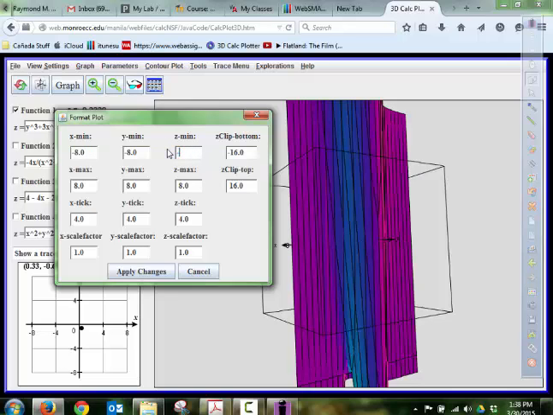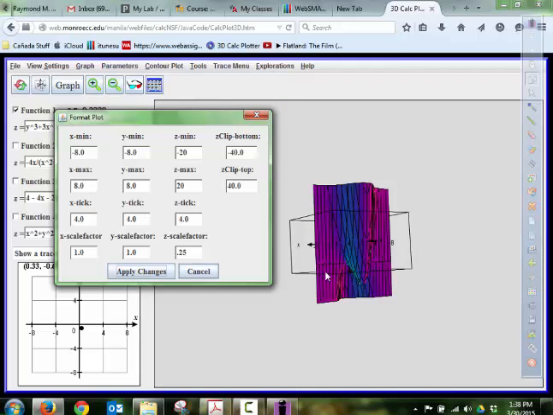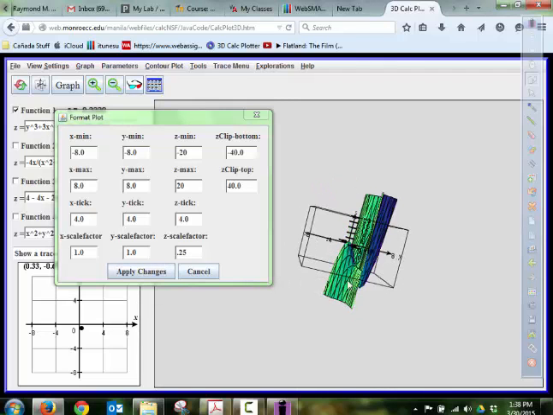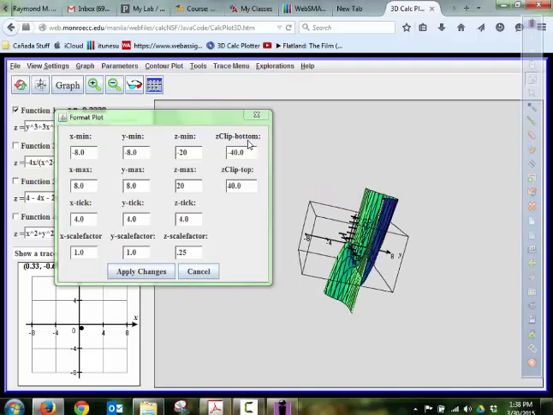So maybe you go to negative 20 to positive 20. And I think if we scale it down, 0.5, 0.25. There it goes. That looks okay.